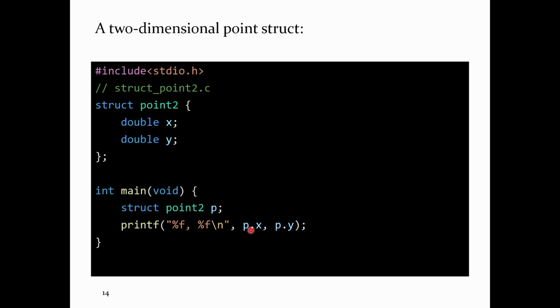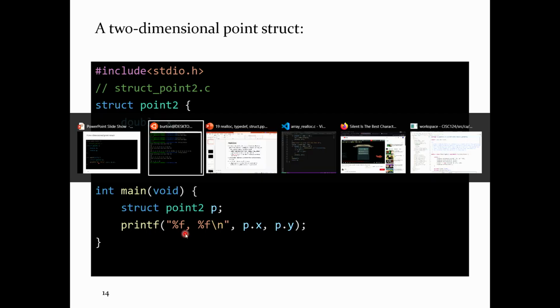If you're wondering where Java got its dot notation from, this is it. So p.x means the x variable belonging to the structure variable p, and p.y means the y variable belonging to the structure variable p. If I print these out, you get 0, 0. So this is struct point2.